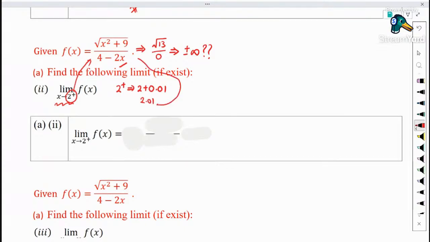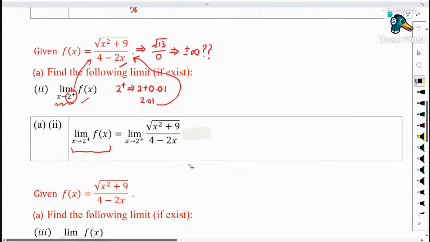Then once again, I plug it into the function and try to see what the sign is, whether it's positive or negative. In your calculation, you write back the terms given in the question, substitute the function, and by the time you substitute 2.01, you find that the result is negative.